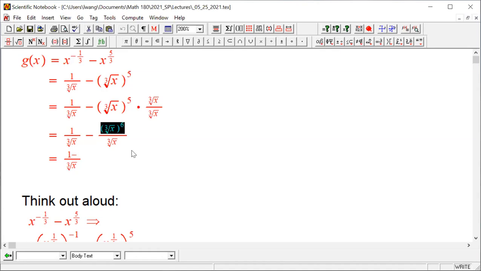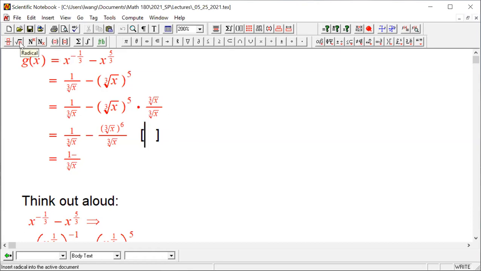What does that equal to? We know some of the familiar forms.